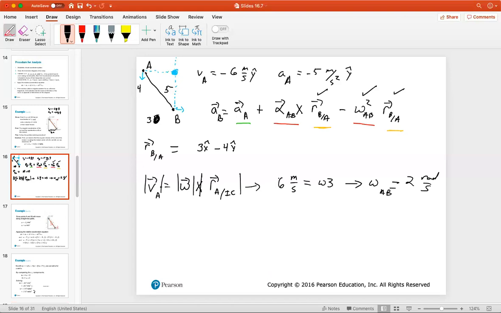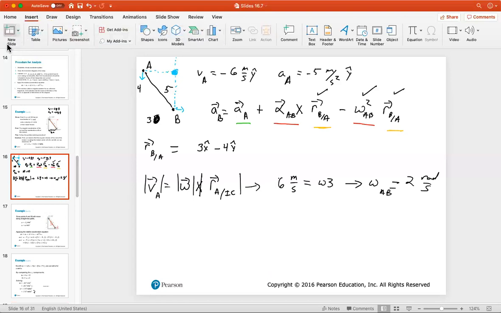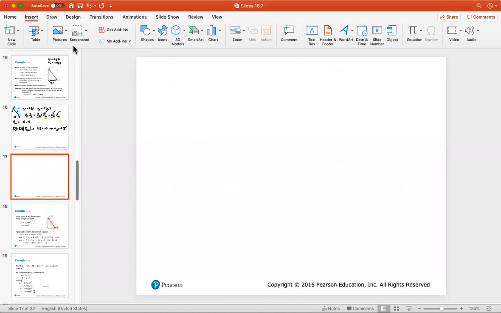Okay, I'm going to give myself a new slide here and go from there. All right, so I'll write that down again. The acceleration of B equals the acceleration of A. And then I'm going to start putting in the things that I have.